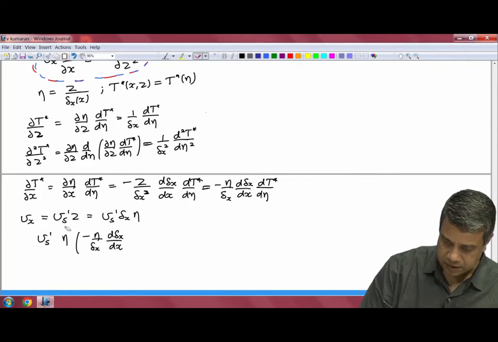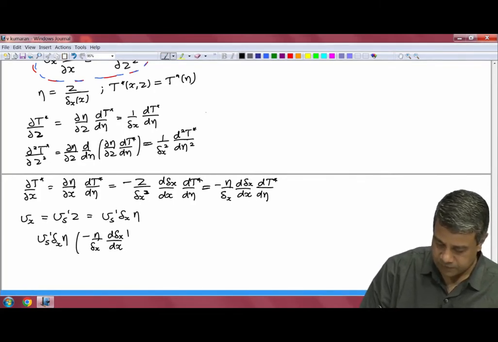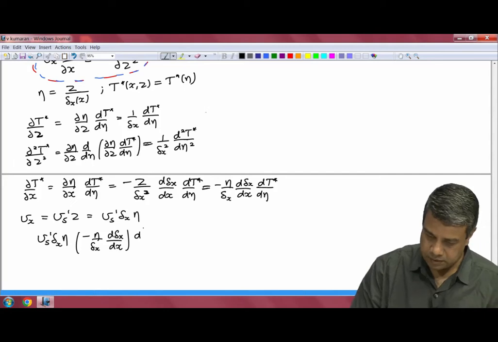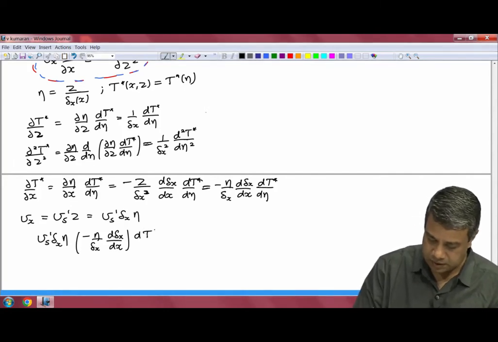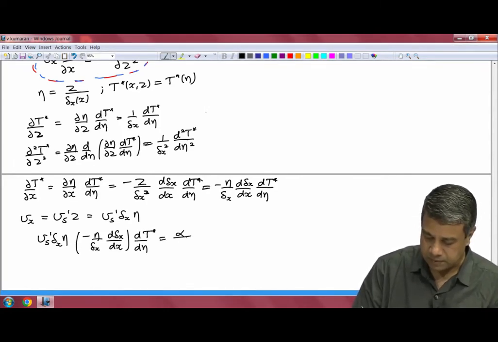This should be delta x. Into dT by d eta is equal to alpha by delta x square, d square T by d eta square.